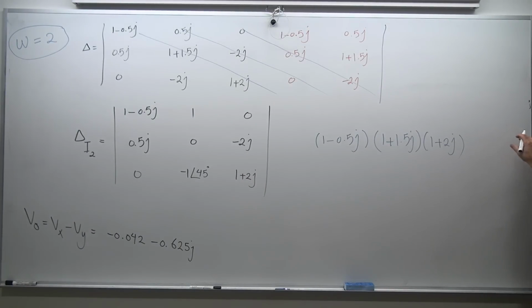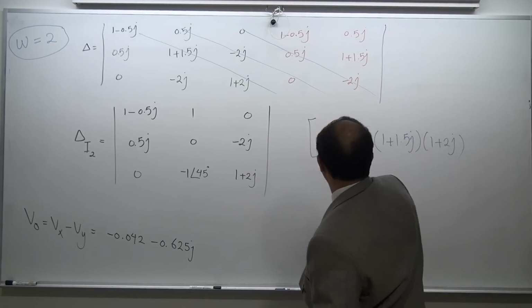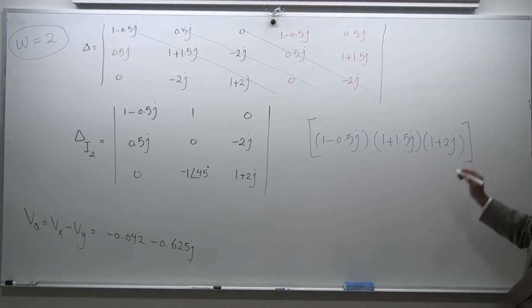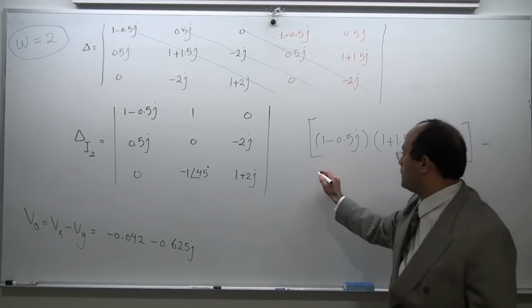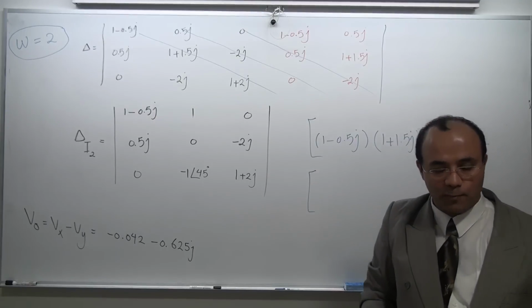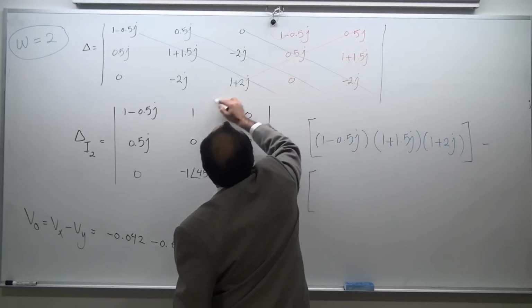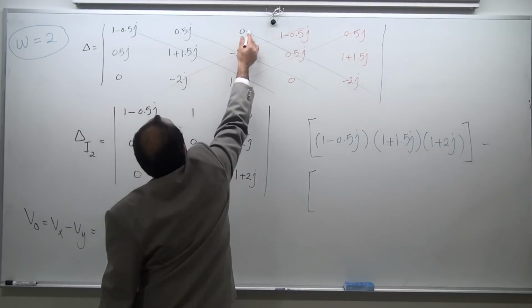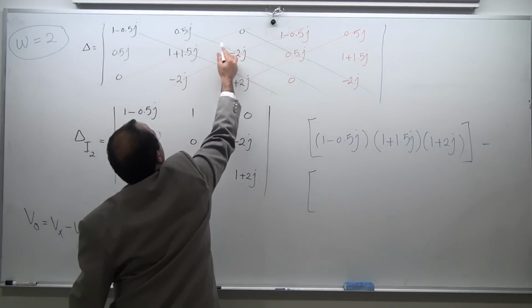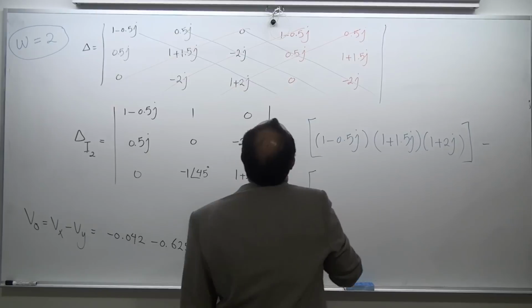Plus this, plus this. All the diagonal components are going to be summed up. I'm going to put them inside the bracket. Minus. The anti-diagonal are supposed to be summed up. So I need you to sum up the anti-diagonal. This, this, and this. I'm happy with this because this is 0. So I have 2 terms to write.